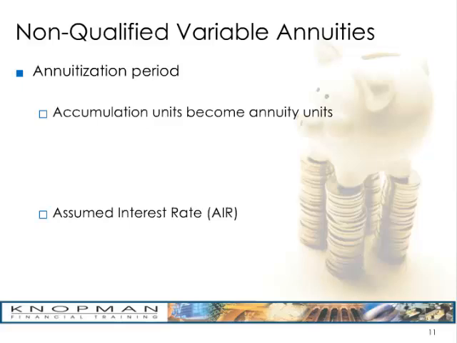And finally, if the performance of the portfolio equals the AIR, the distribution will be identical to the previous month. So if it outperforms, the money you receive goes up. If it underperforms, the money you receive goes down. And if it performs equally, the distribution stays the same. So that is ultimately how the monthly distribution will be determined.